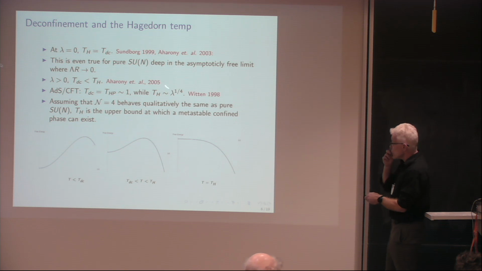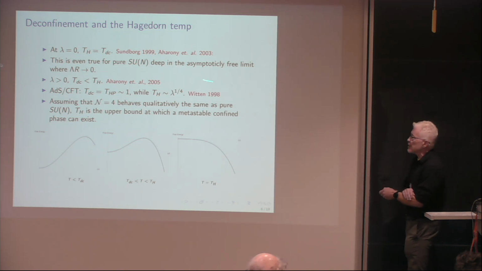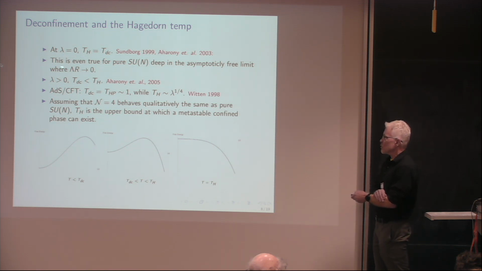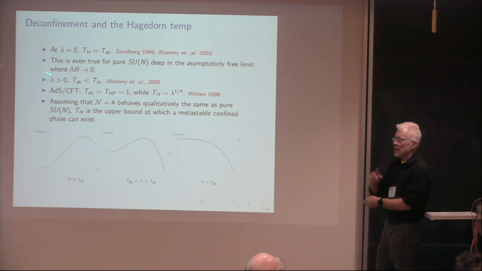And this is even true for pure SU(N), deep in the asymptotically free limit, because since we're on the sphere, we have some QCD scale, lambda, and if we take the radius of the sphere to go to 0, then the coupling becomes small, and we go into the weak coupling regime, and you can basically still do the same sort of counting.